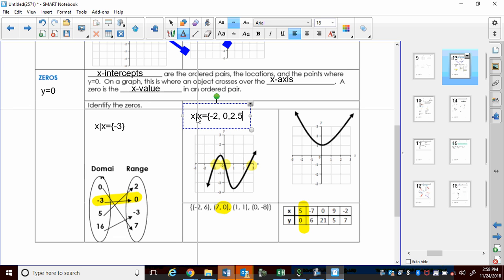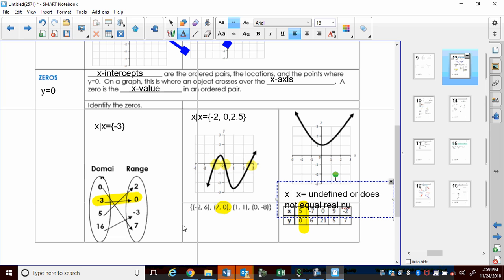You have 3 distinct zeros. On the next one, if you notice, this object does not cross the x-axis. So we have x such that x equals undefined, or you could write does not belong to the set of real numbers.